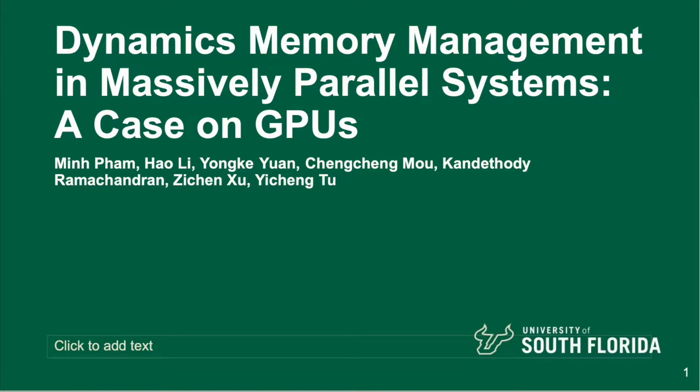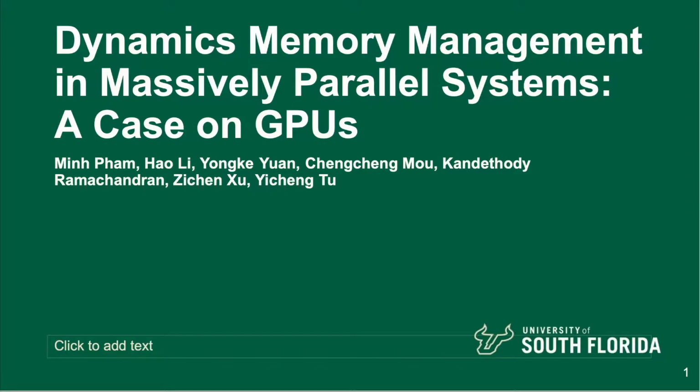This is a paper presentation about dynamic memory management in massively parallel systems, such as GPUs. GPUs have become an indispensable component in today's high-performance computing systems and have shown great value in many compute-intensive applications.